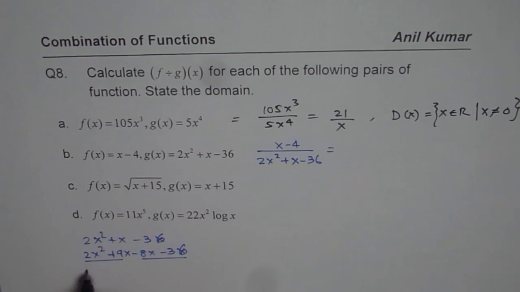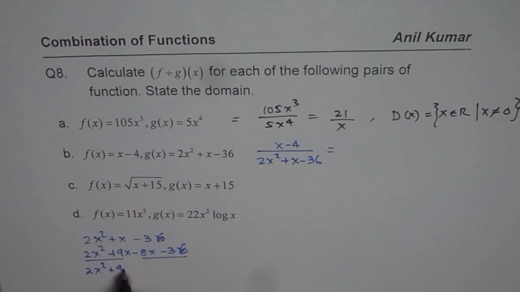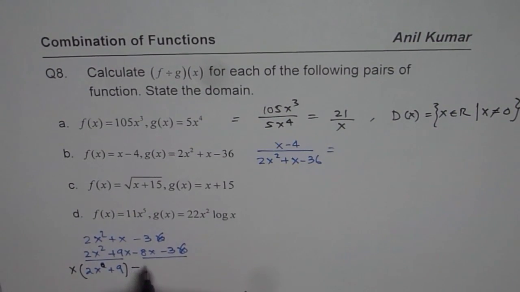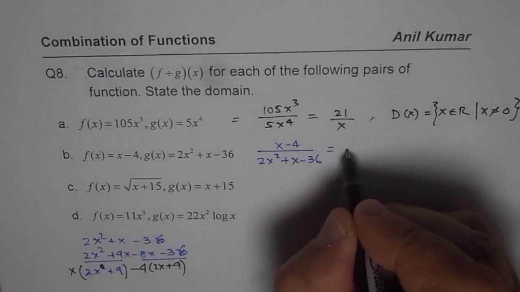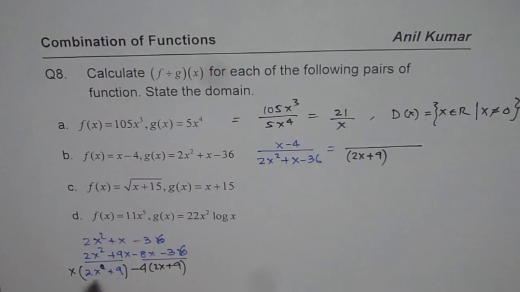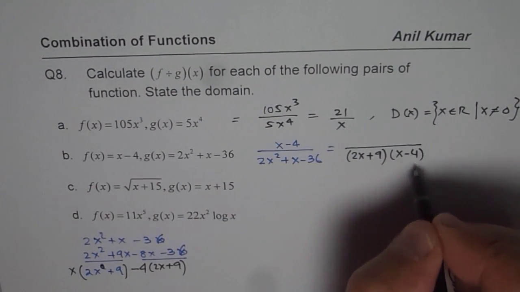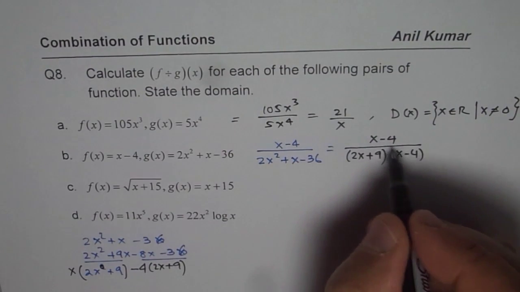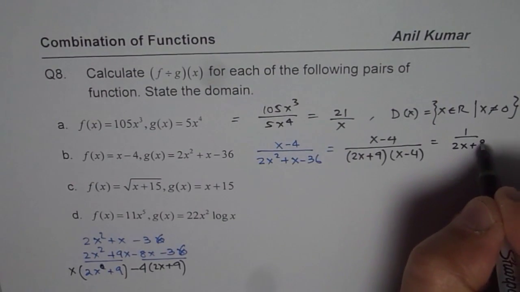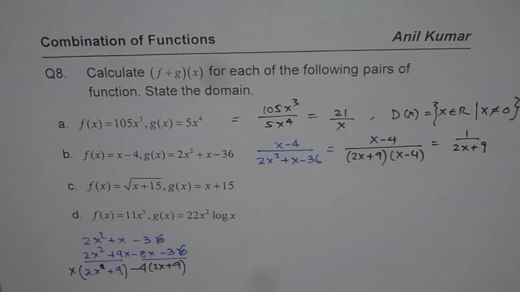So what we have here is 2x squared plus 9x, we can take x common, so we get x times 2x plus 9, and minus we'll take 4 common, so we have 2x plus 9. So now we can write the denominator as 2x plus 9 times x minus 4. Do you see that? And in the numerator we have x minus 4. They cancel out. So once we cancel them out, we get 1 over 2x plus 9. Correct? So that is the function which we have.